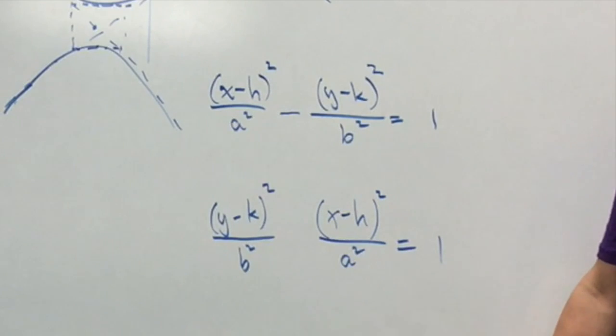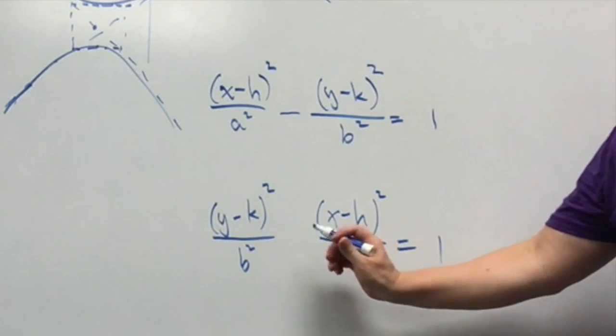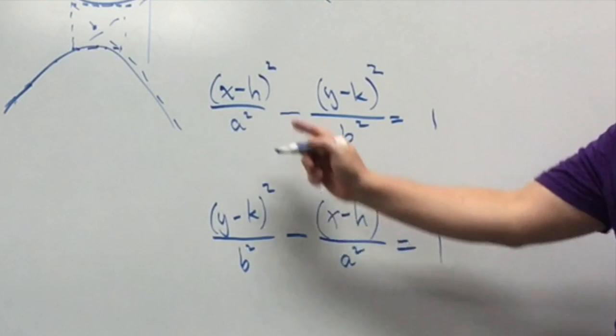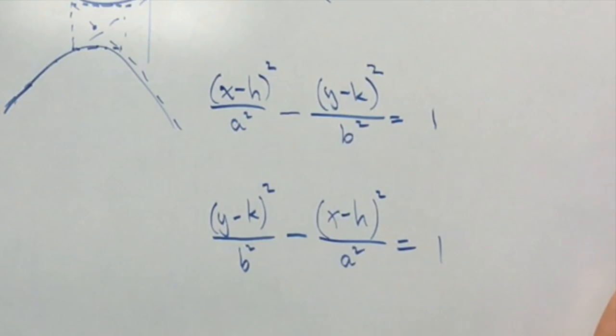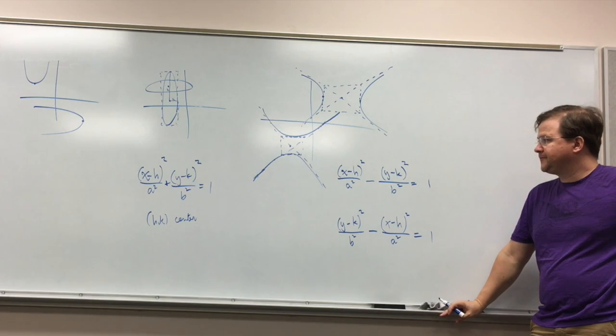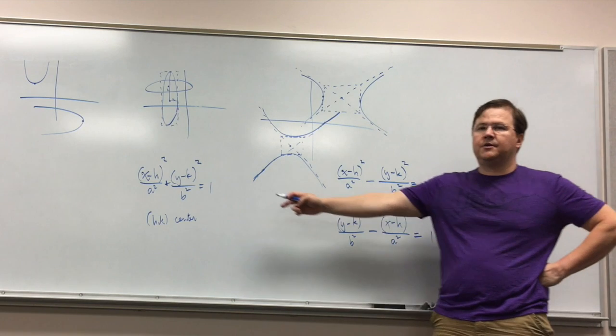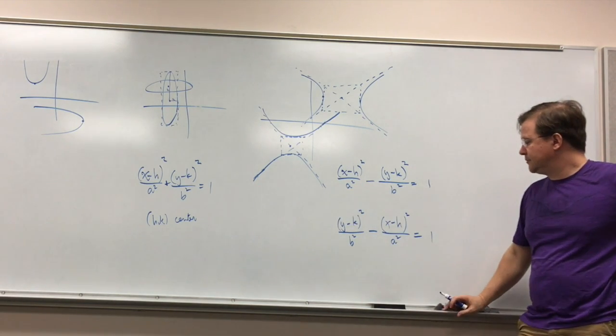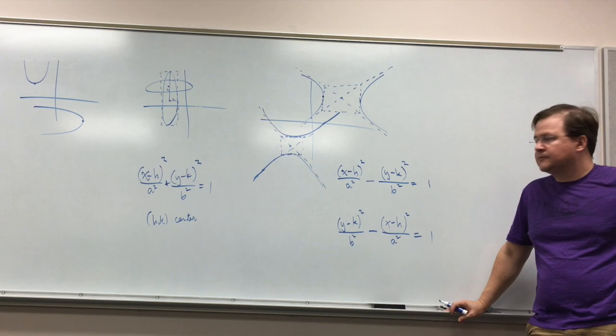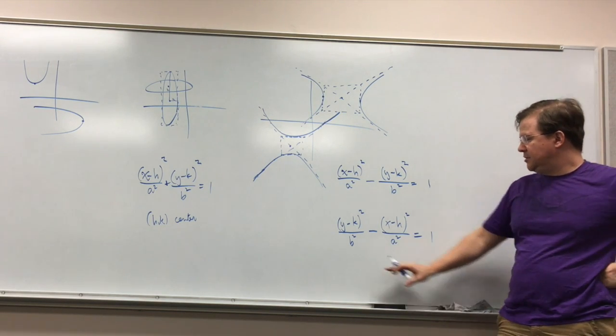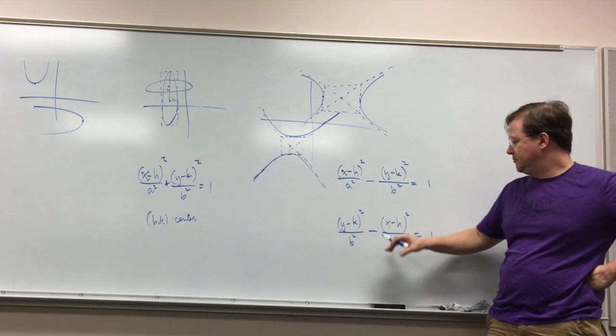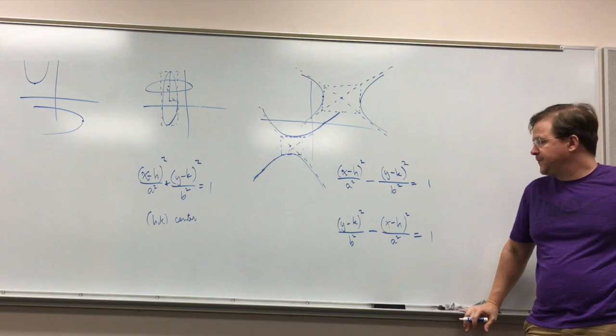And because subtraction is not commutative, you can see how it makes a big difference whether I put the x first or the y first. Over here, it didn't really matter, so I decided to keep associating the b with the y, a with the x.